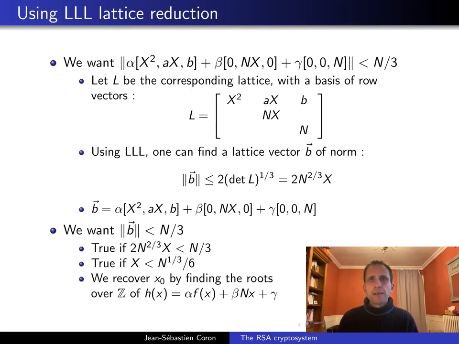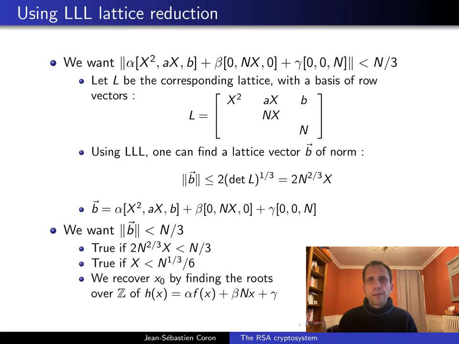And since we know that the norm of B is less than 2 times n to 2/3 times x, it is sufficient to ensure that 2 times n to 2/3 times x is strictly less than n over 3. And so this gives us the bound for the root x0.